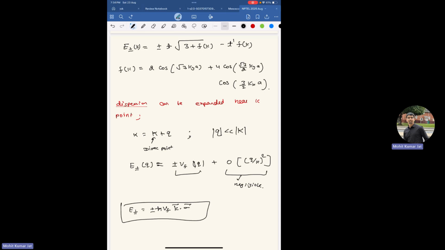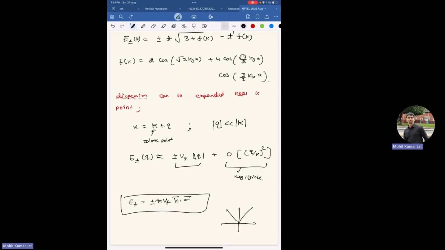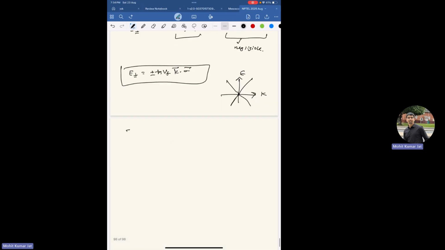So here if you see, your dispersion in energy is linear like this, E versus k. And remember, this is similar to E equals pc. If you draw for the photons, this also has a similar one, right? The energy. But here your v_F is 1 by 300 times the speed of light.